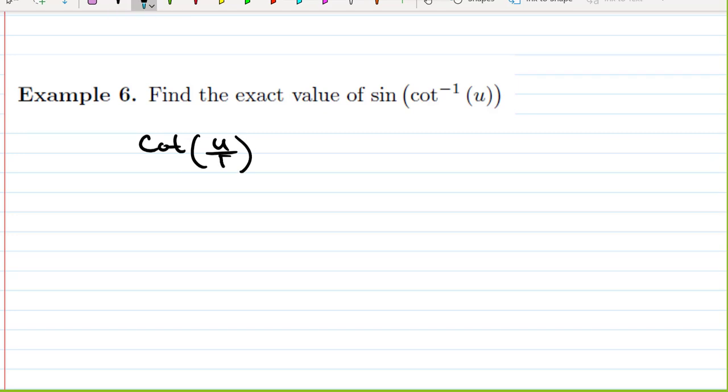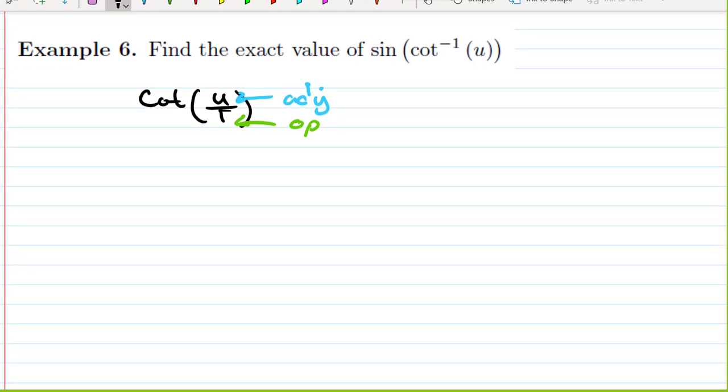So then this is going to be adjacent, and this is going to be opposite. So if we draw our triangle, our adjacent is u, and our opposite is 1.